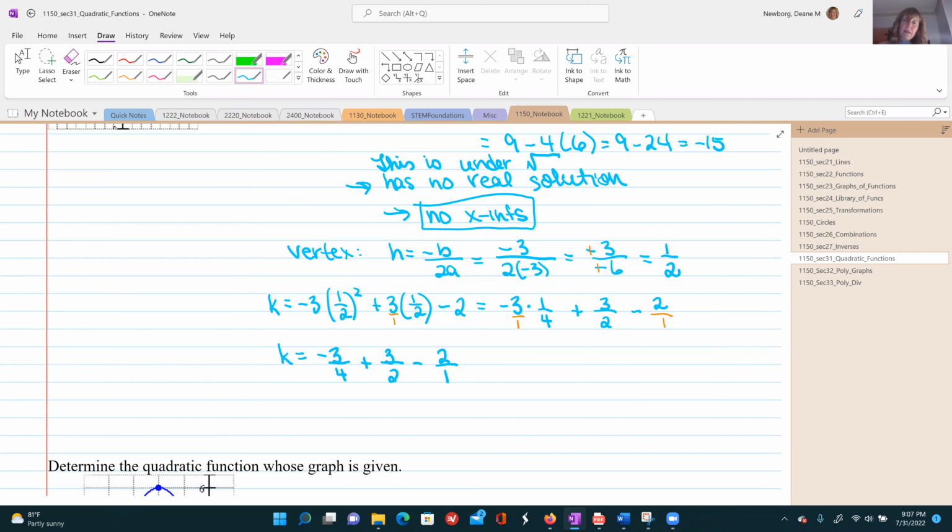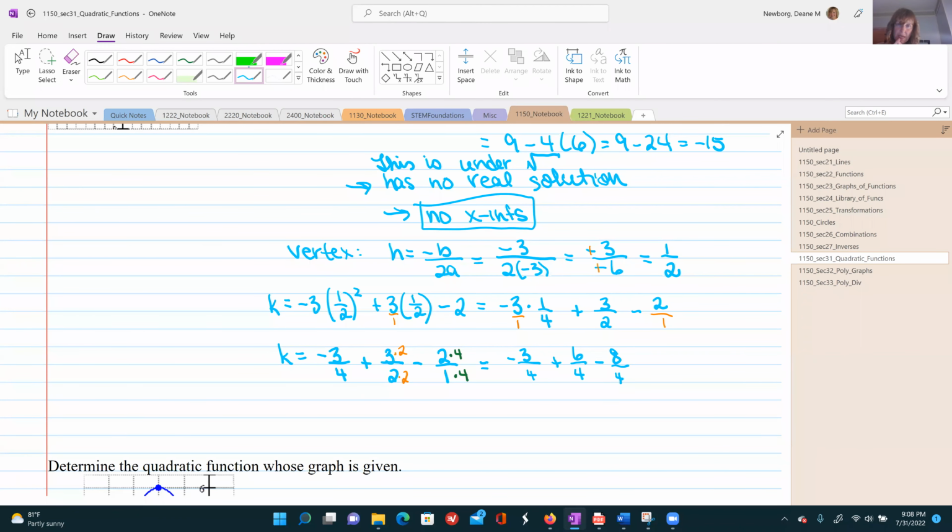So the lowest common denominator is 4. So the first fraction, I'll just multiply numerator and denominator by 2. And the second one, I have to multiply numerator and denominator by 4. So I get -3/4 plus 6/4 minus 8/4.